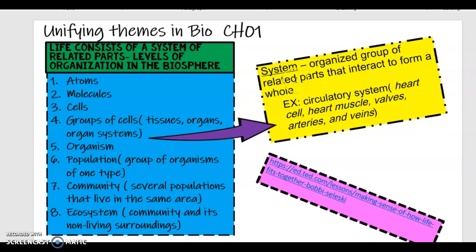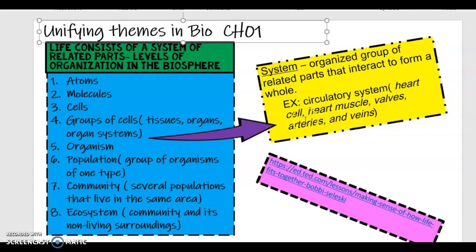An organ system, or a system in general, is an organized group of related parts that interact to form a whole. So for instance, the circulatory system is considered to be a system. And there's a lot of parts to make up that whole system.